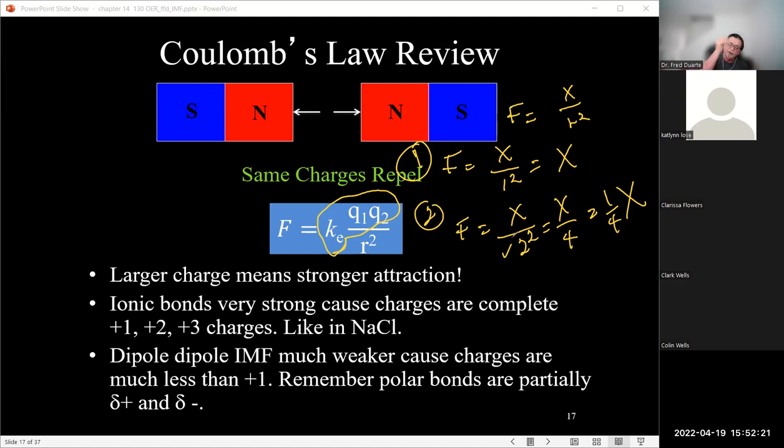All right, let's go the opposite direction. In example number 3, we started at 1 unit. Let's cut that in half, so we bring that unit from 1 to 0.5. Now the force is equal to X divided by 0.5 squared.